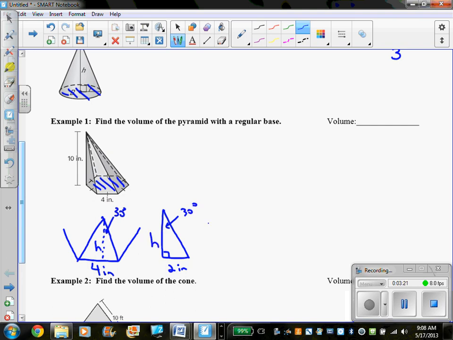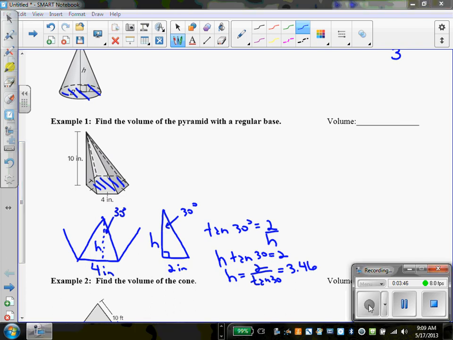So we have tan of 30 degrees is equal to the opposite, which is 2, over h. And when you cross multiply, the height is going to be 2 divided by tan of 30. And this gives you 3.46.